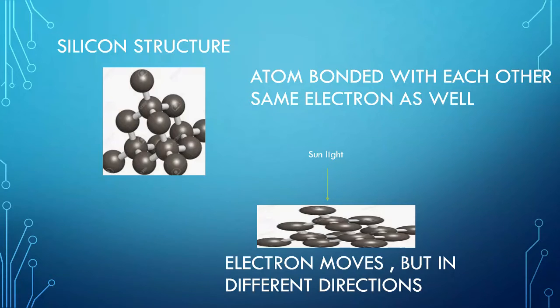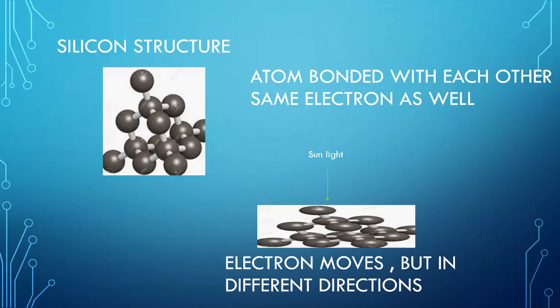Otherwise, we would have only P-type or N-type, any one, and there would be no need of a junction. But we need a depletion region to be formed between the P and N junction. Then only does the photon energy create electron and hole pairs. That's why we need to combine P and N.